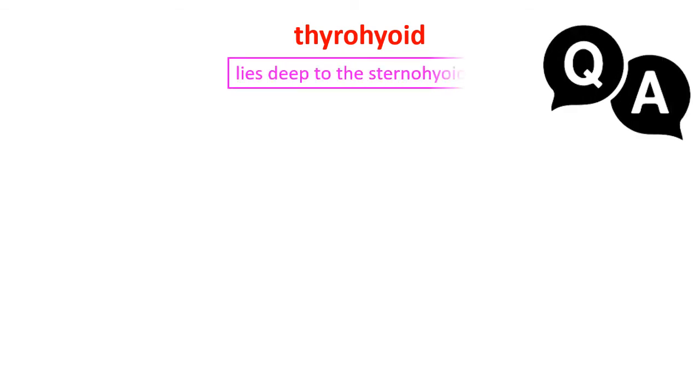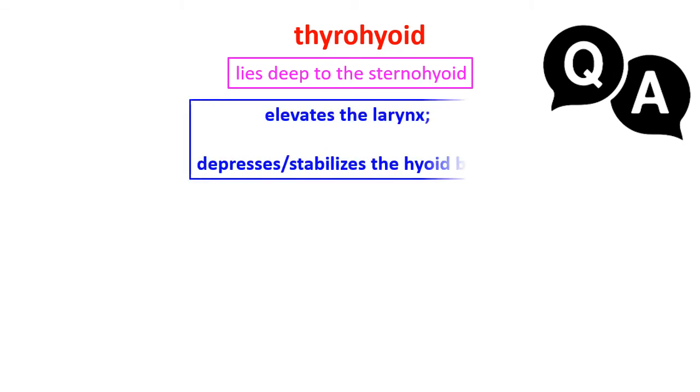The thyrohyoid muscle is the muscle that is deep to the sternohyoid and extends from thyroid cartilage to the hyoid bone. Let us ask ourselves a few questions. What is its position to the sternohyoid? It is deep to it. What does it do?